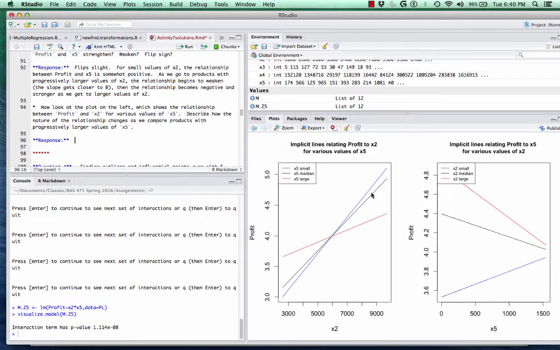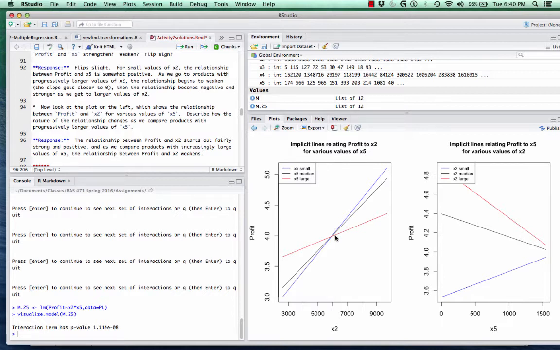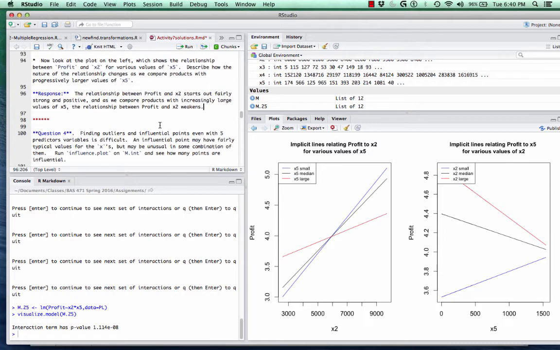And so we see that these lines have slopes that are closer and closer to 0. So the relationship between profit and x2 starts out fairly strong and positive. And as we compare products with increasingly large values of x5, the relationship between profit and x2 weakens. It never becomes negative because even at some of the largest values of x5, it's still somewhat positive, but the slope is closer to 0, so it's a weaker relationship.